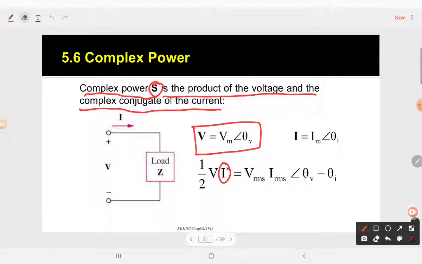This is what we call the complex conjugate of the current. We can also write complex power S by using RMS values, given by V RMS I RMS with the angle theta V minus theta I.